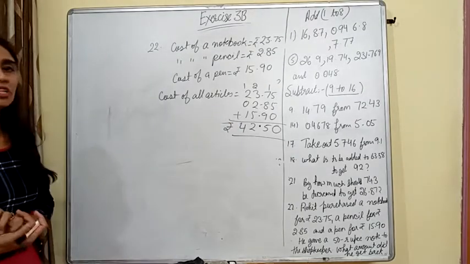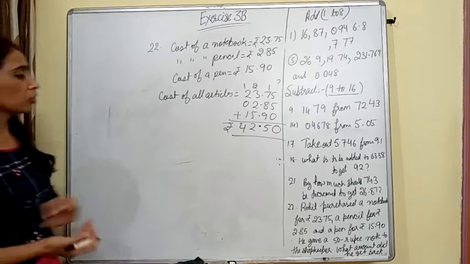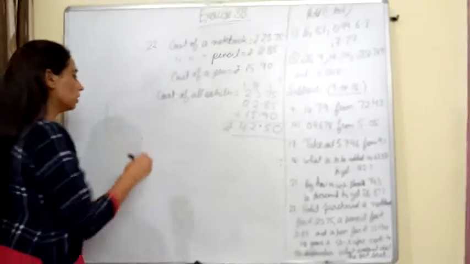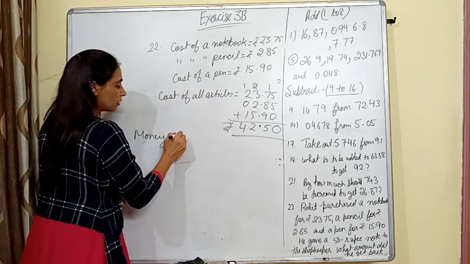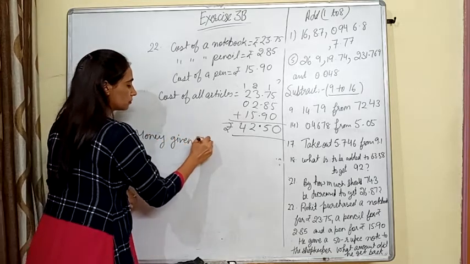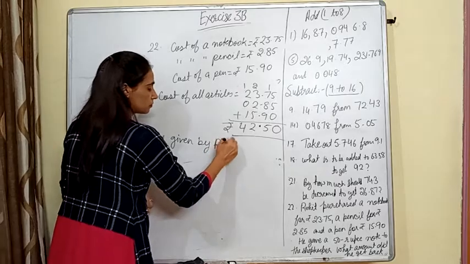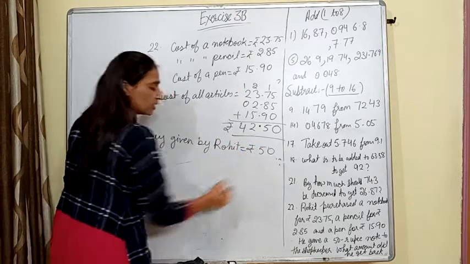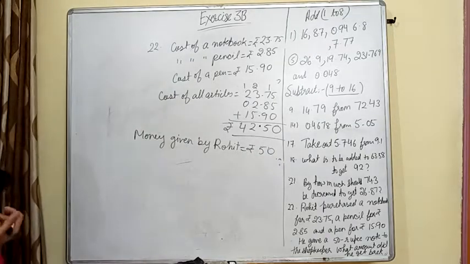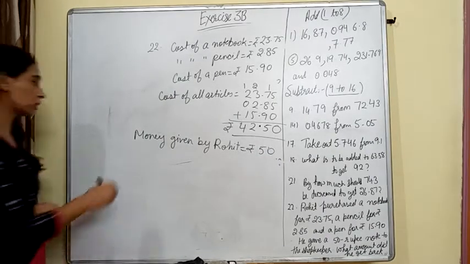Now how much money was given by Rohit to the shopkeeper? Money given by Rohit is equal to rupees 50. Okay, so money returned by the shopkeeper.